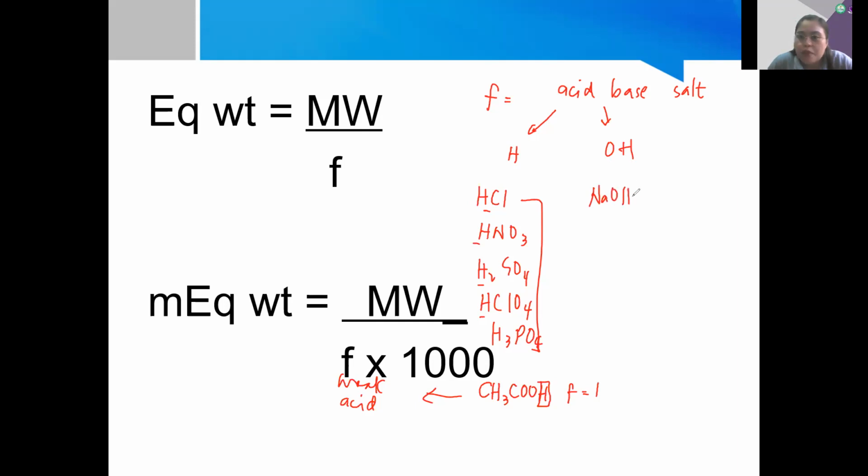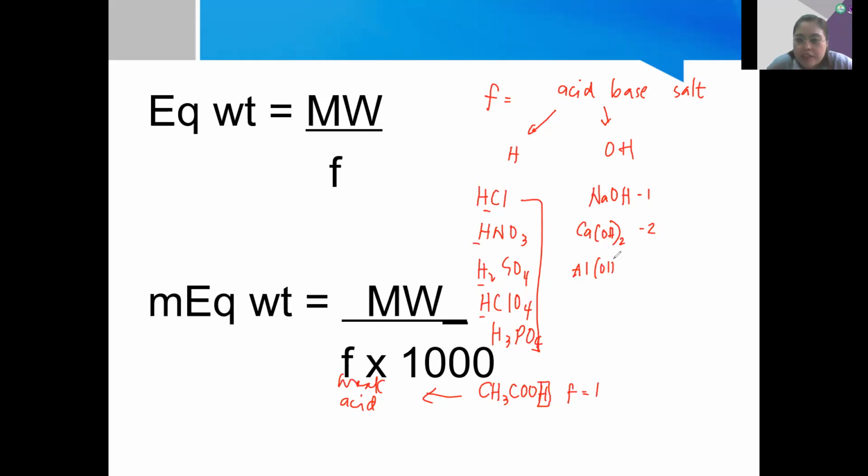So just like sodium hydroxide, we only have automatic 1 here. But if it is written inside an open and closed parenthesis, just like in the case of calcium hydroxide, the F is 2. This is its subscript, so automatically, that means 2 hydroxide.